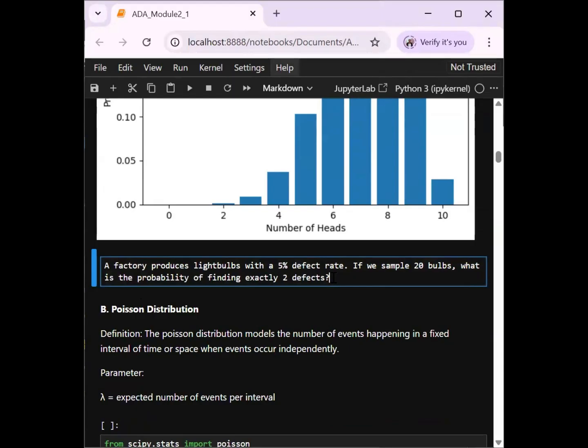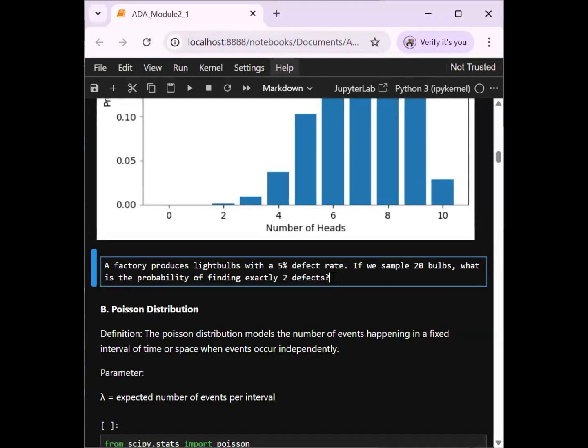We simulated the whole process, that if I take this sample of these 20 bulbs and keep checking it, how many defects are we going to be getting? Over time, you can do that maybe 50 or 100 times, so that you can now see the distribution of the number of defects you'll be getting each time you sample 20 bulbs.